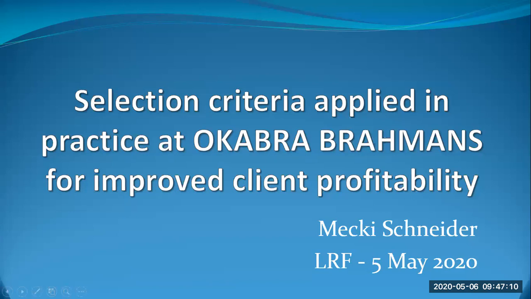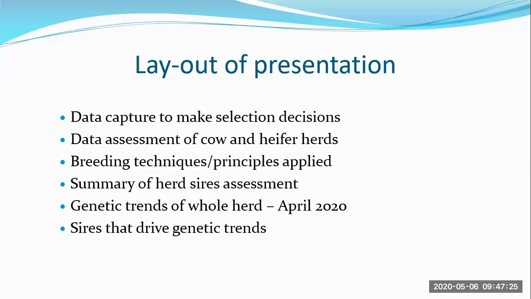Okay, these are our selection criteria in practice, and the underlying issue here is to improve profitability. That's always what should be at the back of your mind. Is it really profitable for whatever you select? I will discuss data capture for making selection decisions. I will then spend some specific time on the cow herd and the heifer herds.